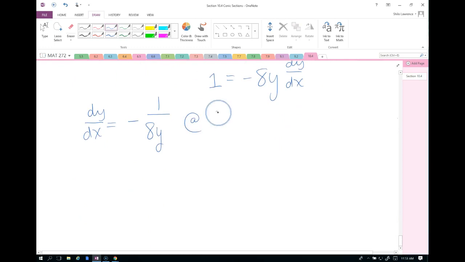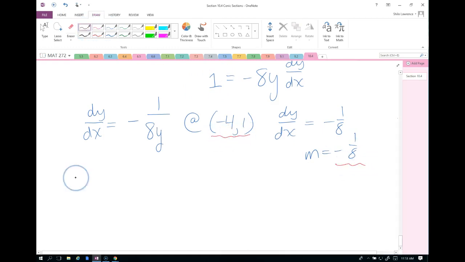So at negative 4, 1, dy/dx is equal to negative 1/8. So slope is negative 1/8. So now we've got a point and we've got a slope, and we can use that information to set up the equation for a line.